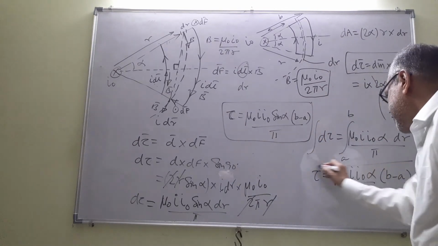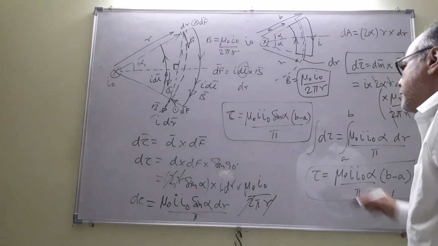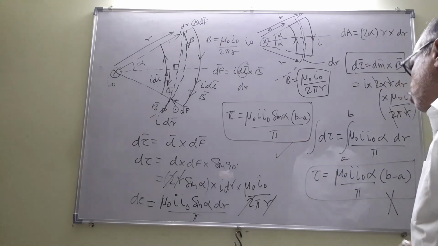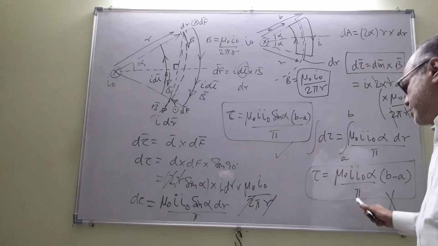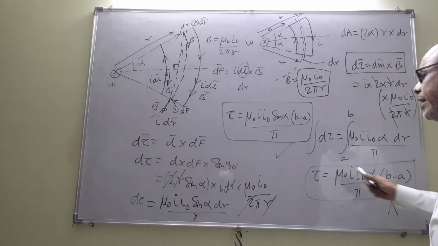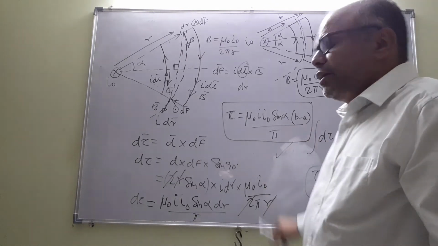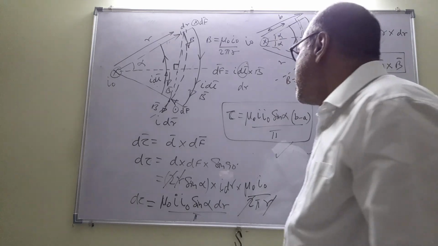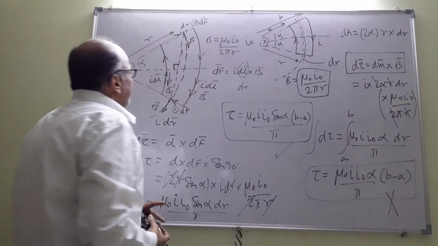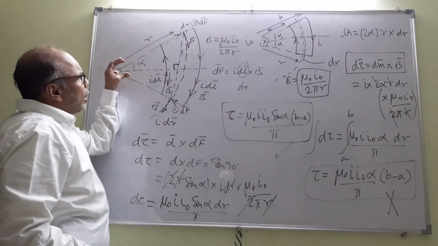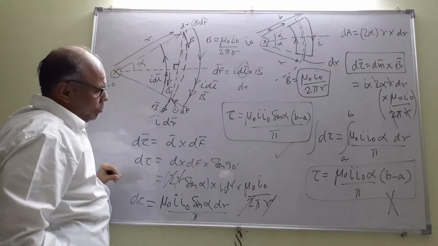So compare this and this. This is the correct answer. If you compare these two results, everything is the same except that instead of alpha, you are having sine alpha. Now see a very interesting thing. Suppose alpha is very small.